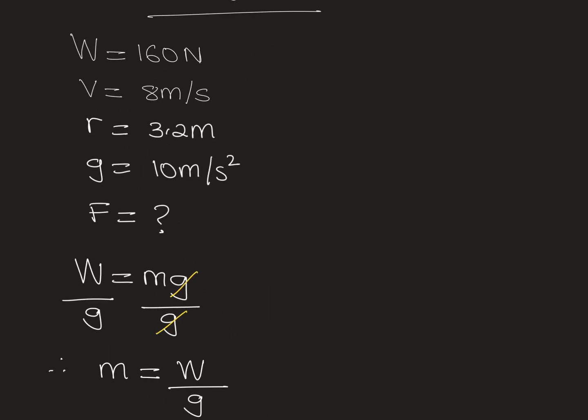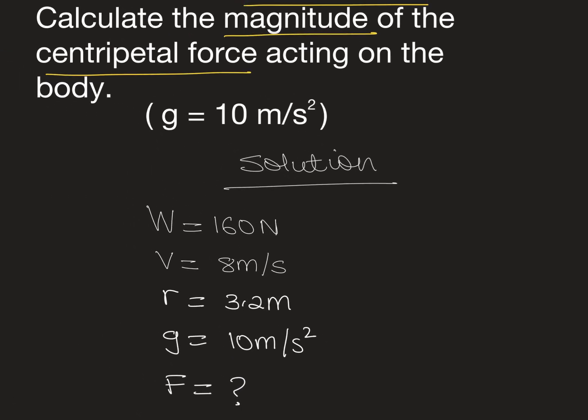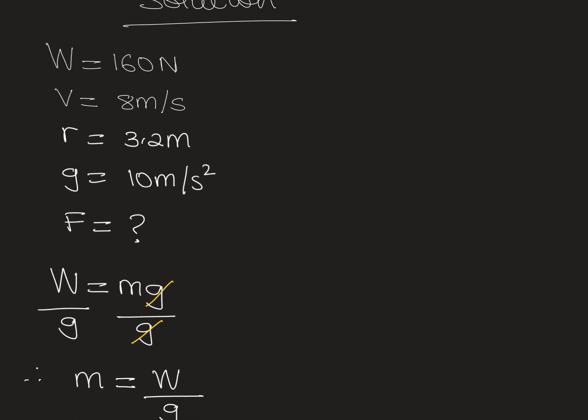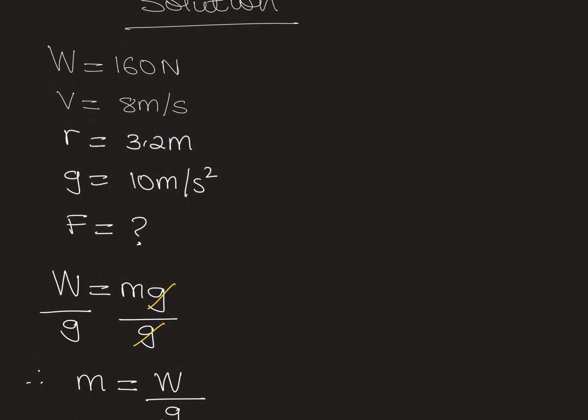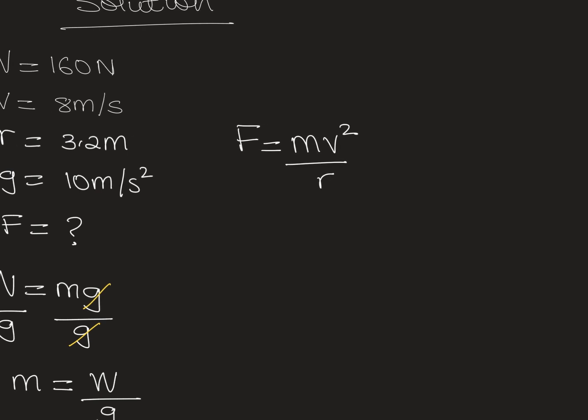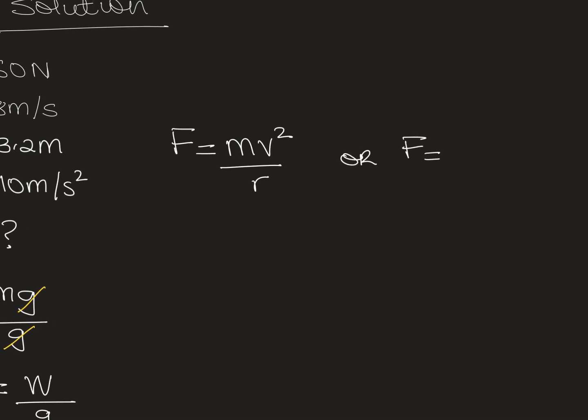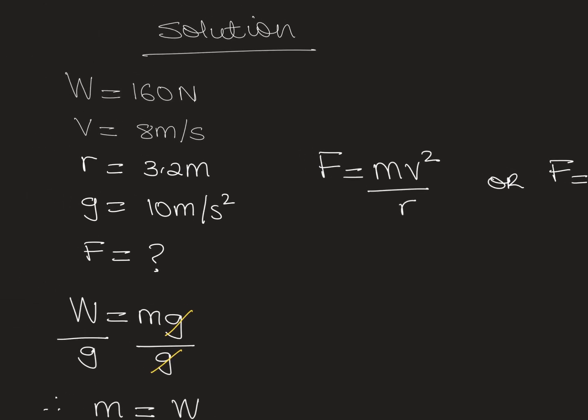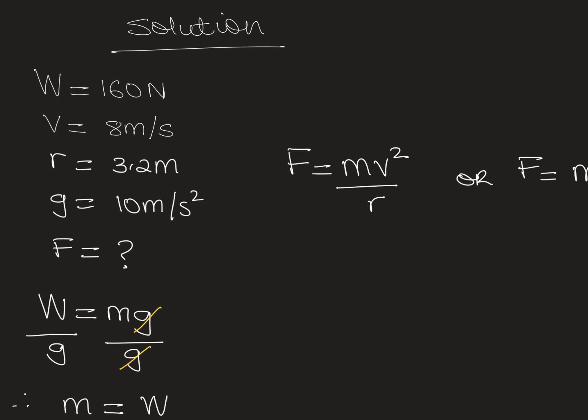After knowing that, we will try to find the centripetal force. To find the centripetal force, we either use the formula F is equal to mv squared divided by r, or F is equal to m omega squared r.